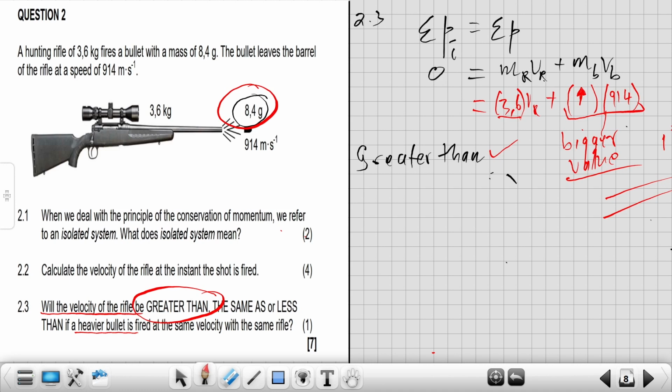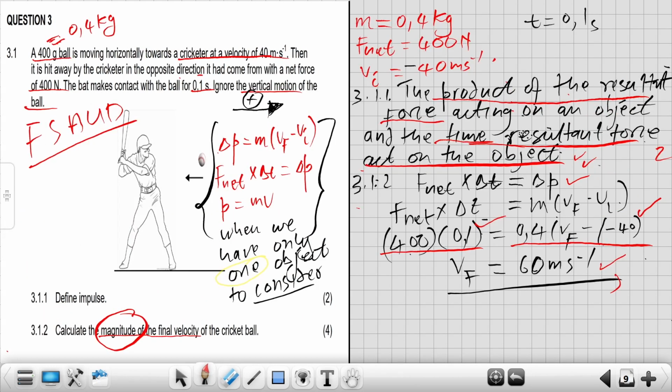So when you check question 2, the emphasis was working with two objects, which was the rifle and the bullet. And then when you check this question, it was only working with the ball. So it was the idea of combining conservation of linear momentum together with impulse.